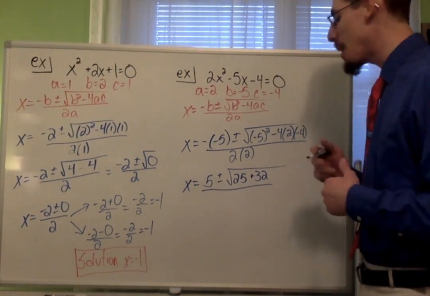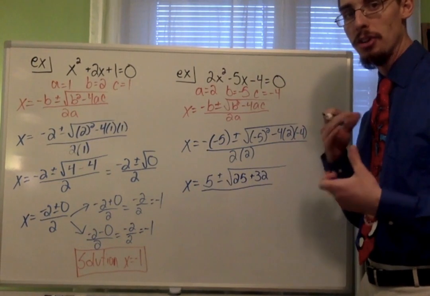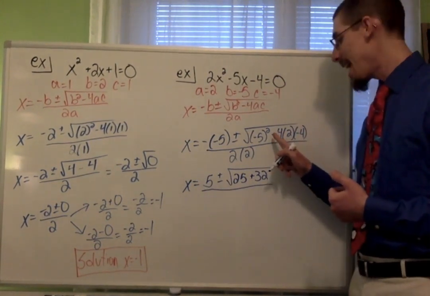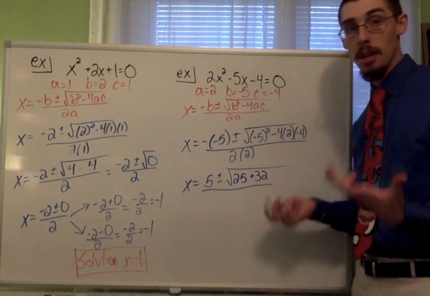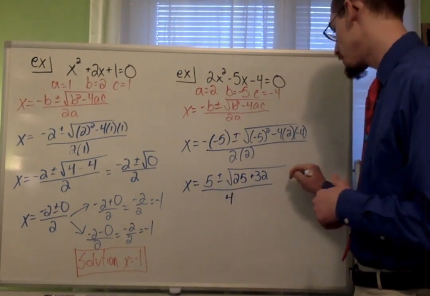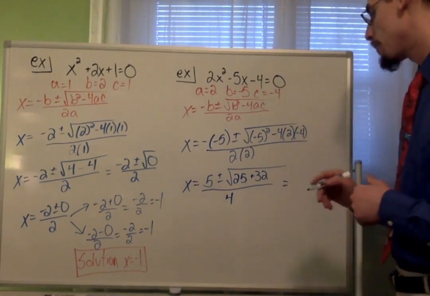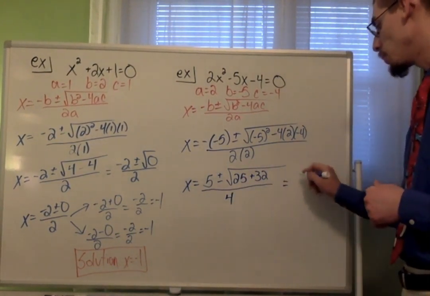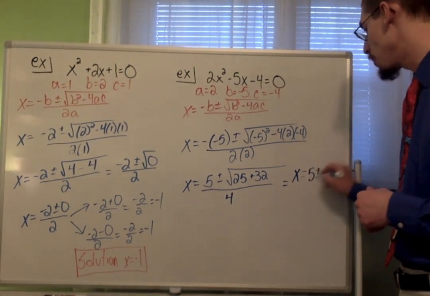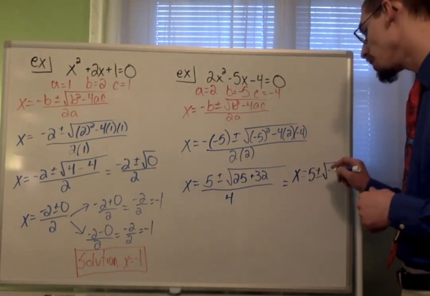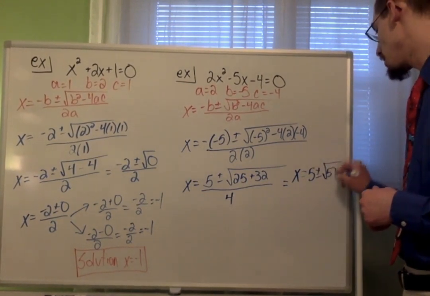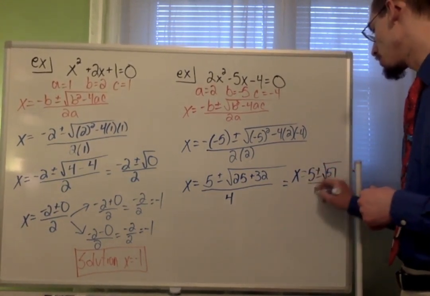That's what I meant when I said you have to be very careful about the way you're using these negative numbers. Treat that like it's a negative 4. And a negative times a negative would be positive. And 2 times 2 is 4. So, I can do the addition of 25 and 32 to get 5 plus or minus the square root of 57, all over 4.